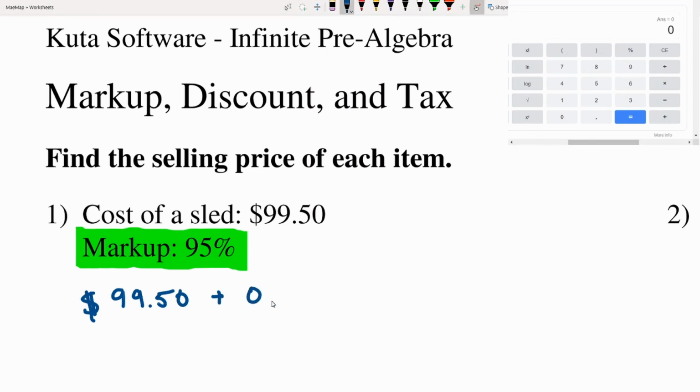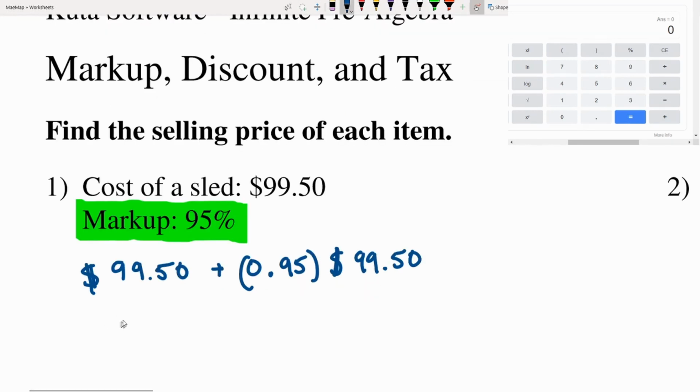So I'm going to take that 0.95, changing the percent to a decimal by moving the decimal place over twice, and then multiplying it by my original cost, $99.50. I have this handy dandy calculator here on the side, so I'll multiply 0.95 times 99.50.